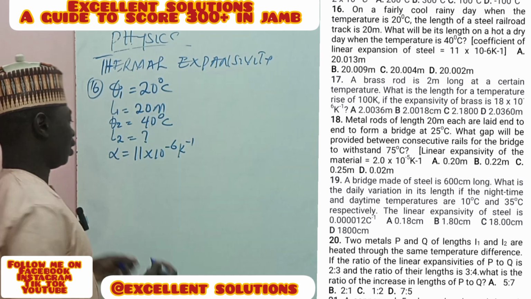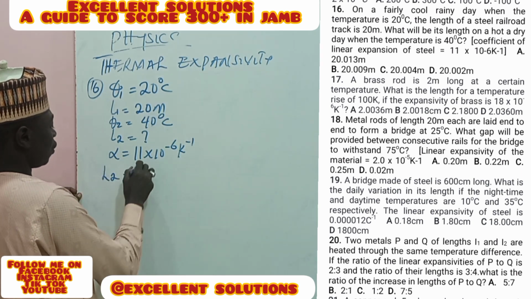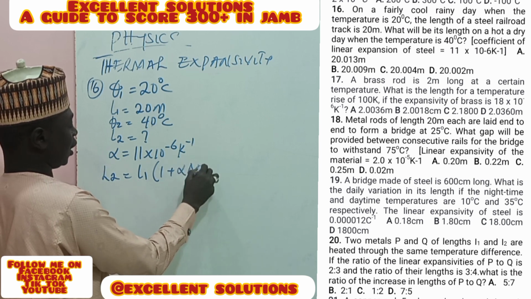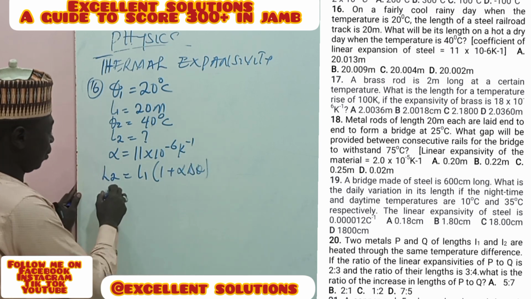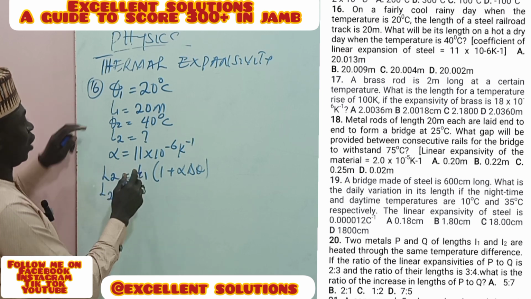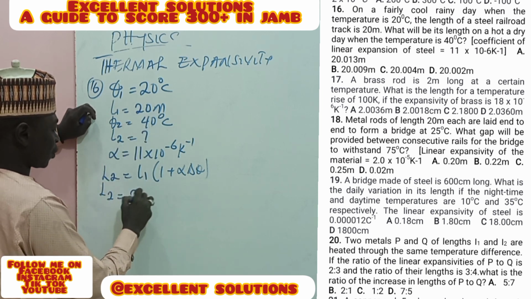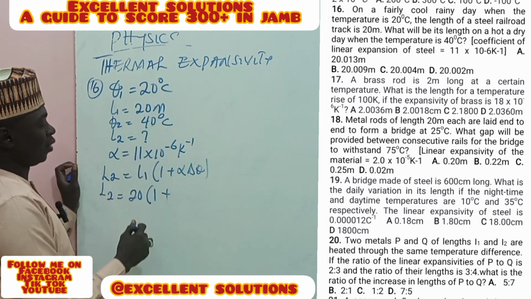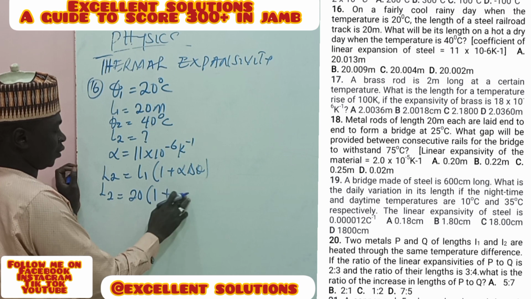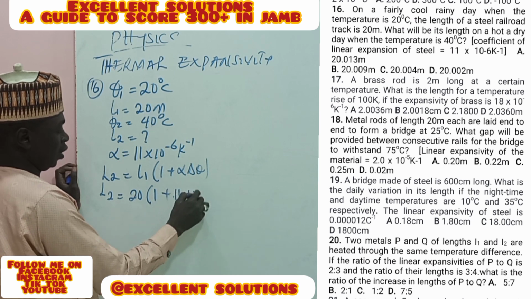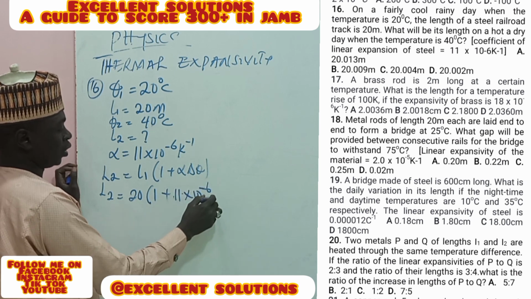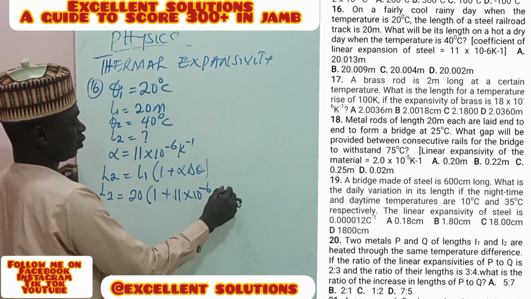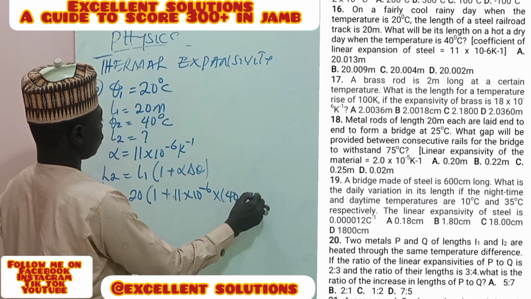We recall that our formula is L2 equals L1 open bracket 1 plus alpha delta theta. So we now have L2 equals L1, which is 20, open bracket 1 plus our alpha, 11 times 10 to the power of minus 6, times this delta theta, we have 40 minus 20.